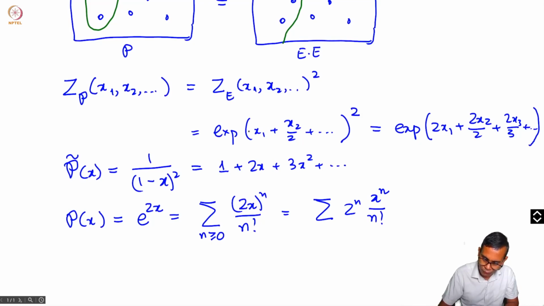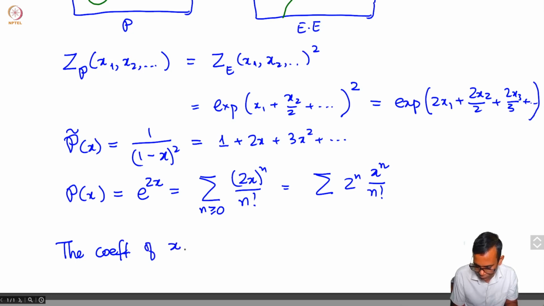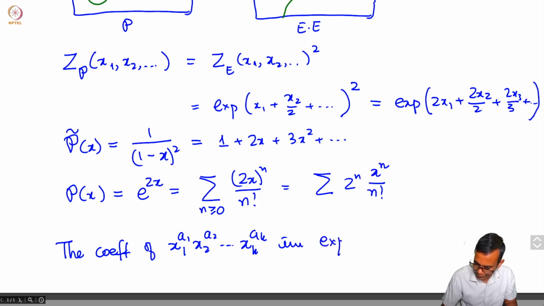We can also try to see what the general coefficient of the cycle generating series is. The coefficient of x1 raised to a1, x2 raised to a2, and so on, so we have some finite a1, a2, ak, in this exp of 2x1 plus 2x2 by 2 and so on.